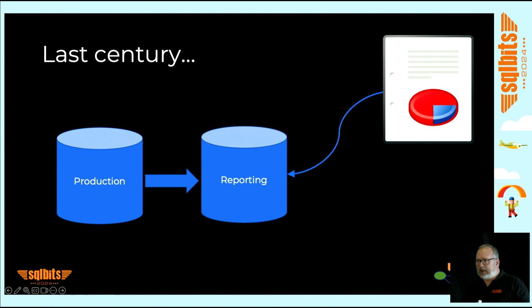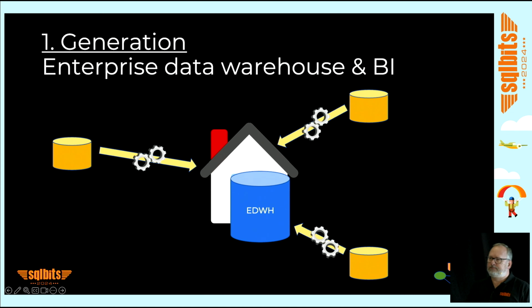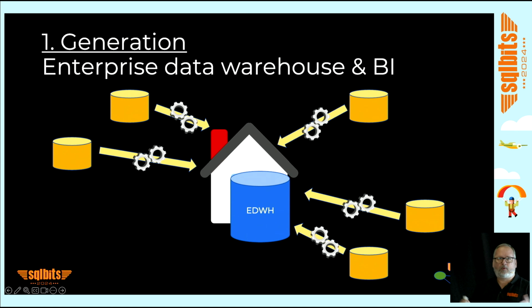The organization has several systems, and they would like to correlate data across them. So the need for the first generation of a data warehouse is born. We have several data sources, and for each data source we have one or more jobs that extract and maybe do some transformation of the data, and we load it into the data warehouse. And we have even more data sources, even more jobs.